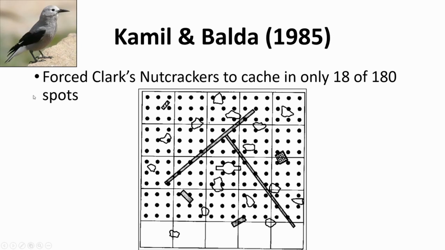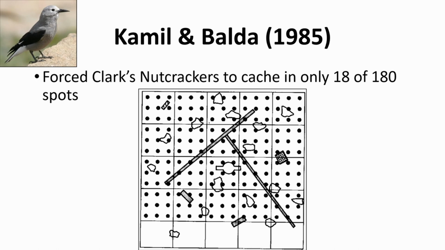This was an experiment done by Kamil and Balda back in 1985, and it was done with Clark's nutcrackers. I believe this species is found, well, not directly in our area, but if you head towards the mountains, you might be lucky enough to spot these guys every once in a while.